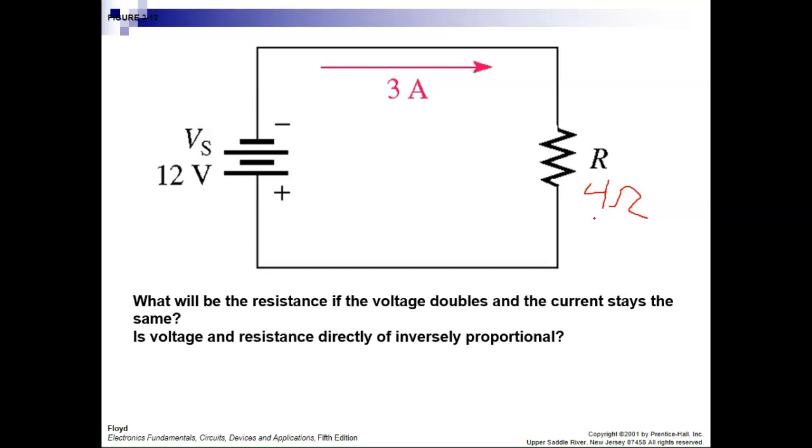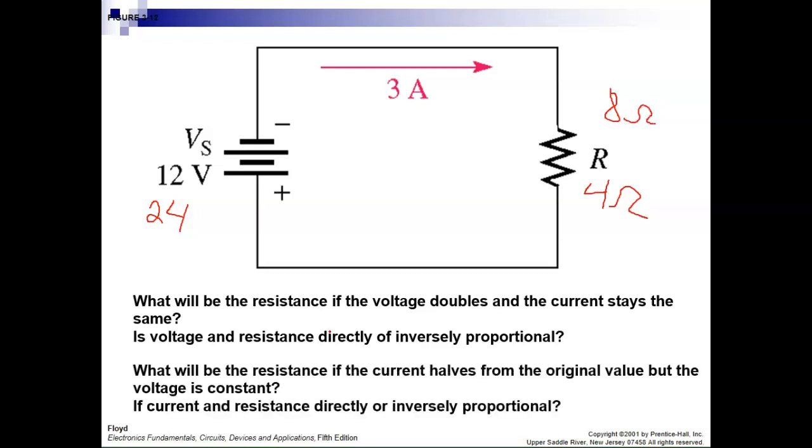What will be the resistance if the voltage doubles and the current remains the same? Your resistance would double. So if this goes to 24, and that doesn't change, I would end up with 8 ohms. Yep. All right.